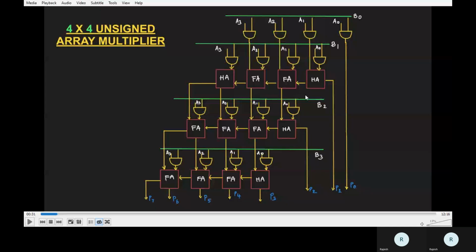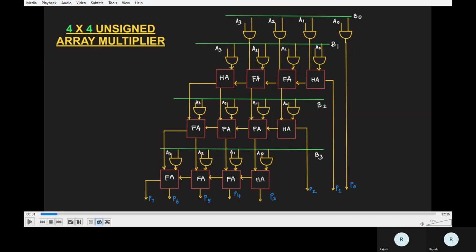We are going to continue from the same topic, array multiplier, where in this example we are starting with our 4 cross 4 unsigned array multiplier. A3, A2, A1, A0 and B3, B2, B1, B0 are multiplied, and each of the partial products are added vertically. While adding, if 2 bits are there, we keep a half adder. Along with 2 bits, if a carry is propagated from the previous stage, we keep a full adder.